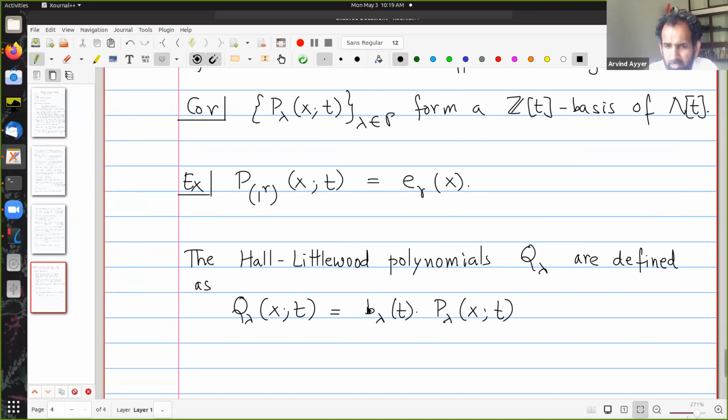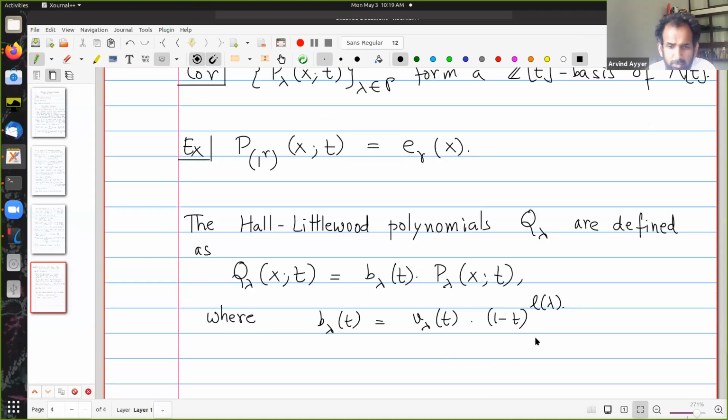So it's just a product, independent of x, times the P lambdas, where b lambda of t is V lambda of t times (1 - t) to the l(lambda). R lambda was P lambda times V lambda, and now if you just multiply by this other factor, you get the nice property that we want.